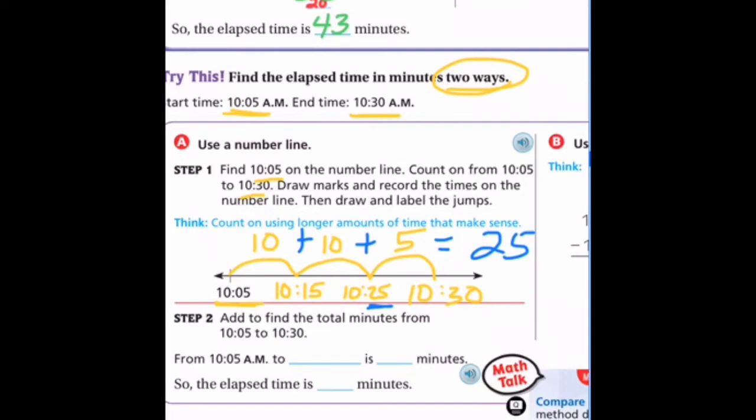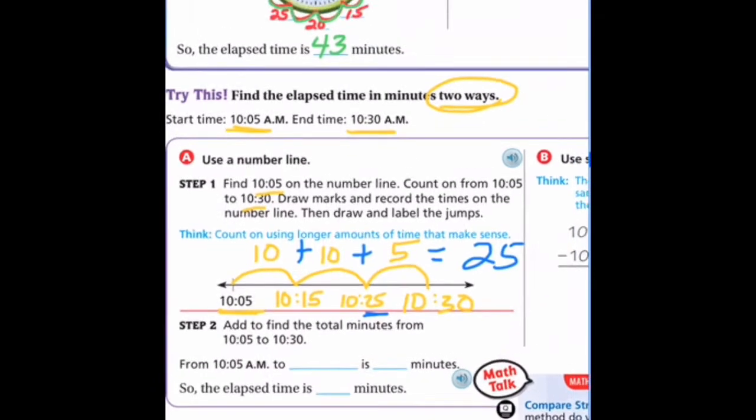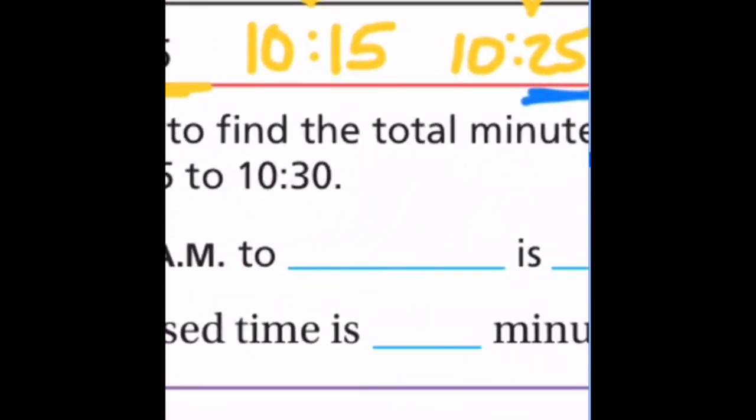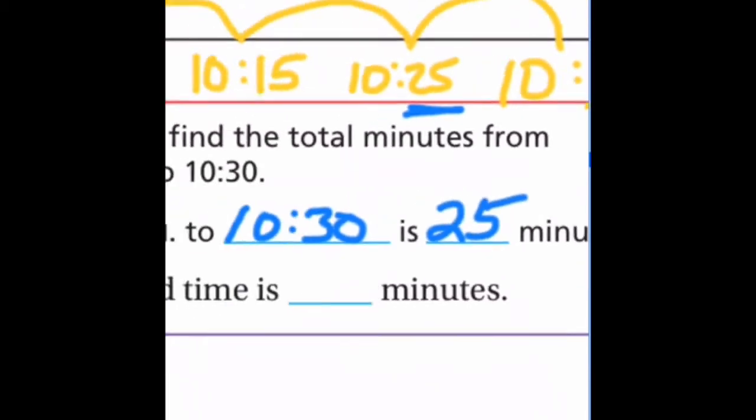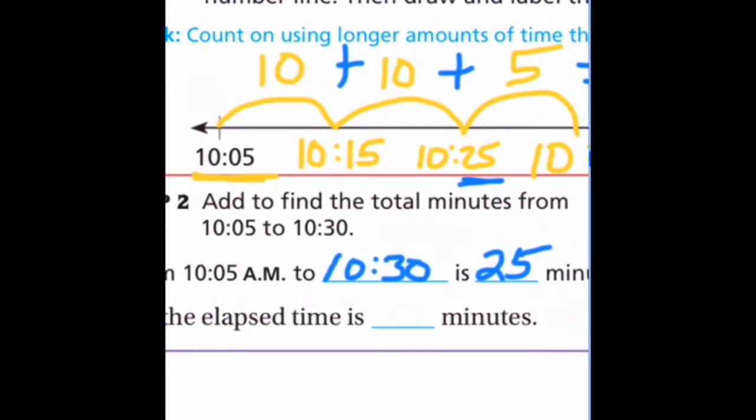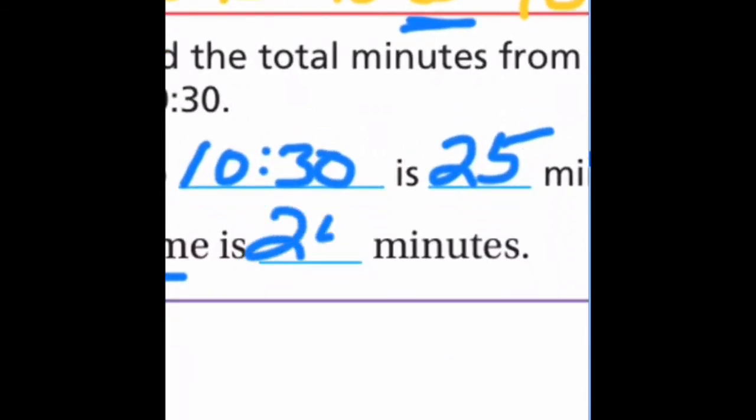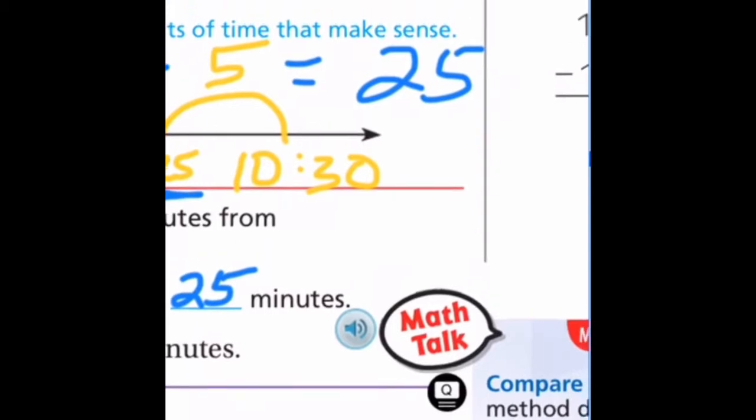Okay? So from 10:05 to 10:30 is 25 minutes. So the elapsed time, the time from the beginning to the end, is 25 minutes. Elapsed time means from the beginning to the end.